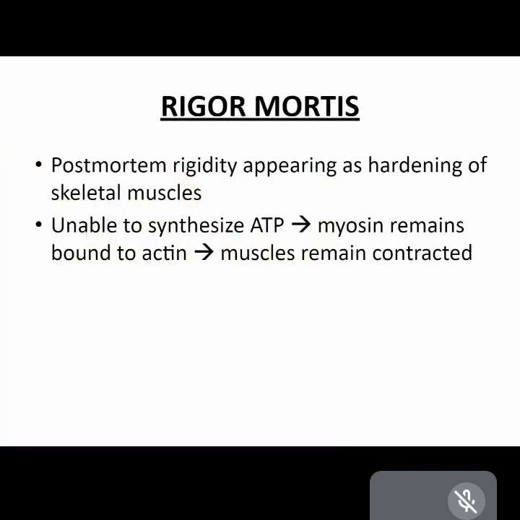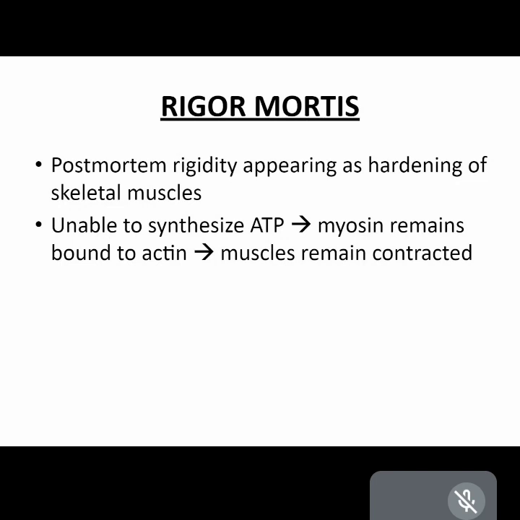Okay. Rigor mortis is a post-mortem rigidity appearing as hardening of the skeletal muscles. The body is dead, or in short, the skeletal muscles are already hardened, so it is rigid.